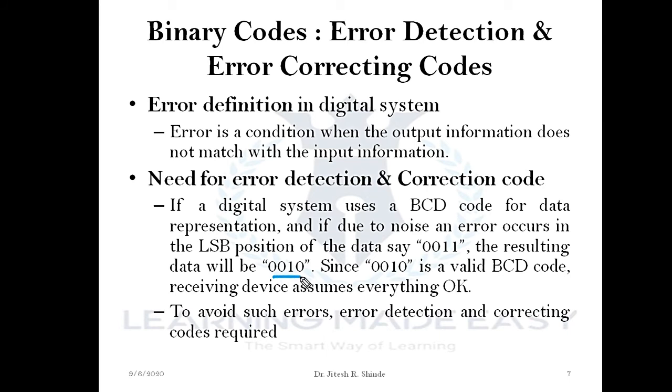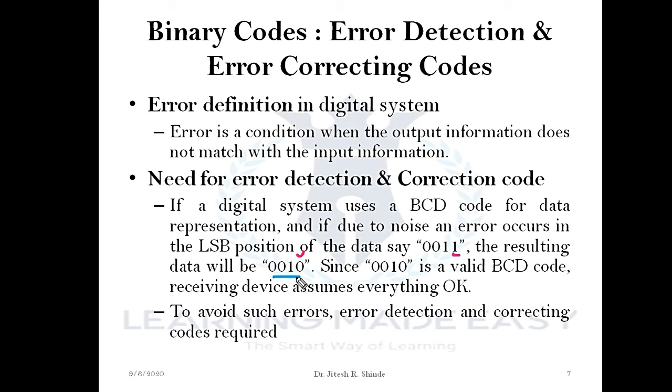Comparing the transmitted data and the received data, in the LSB position the error has occurred. Now 0011 is a valid BCD code, and 0010 is also a valid BCD code.